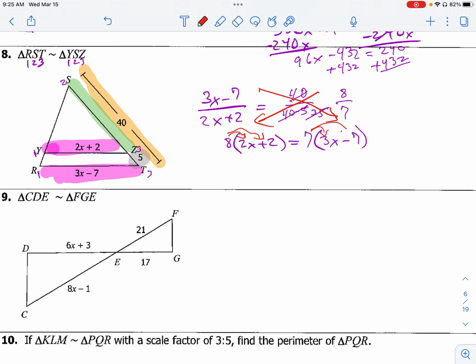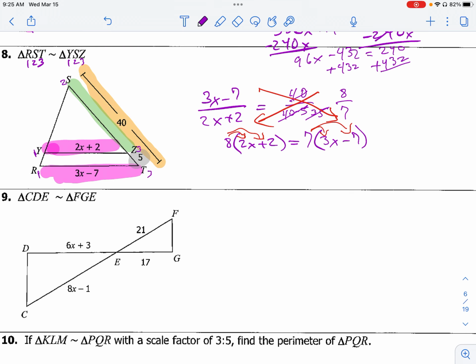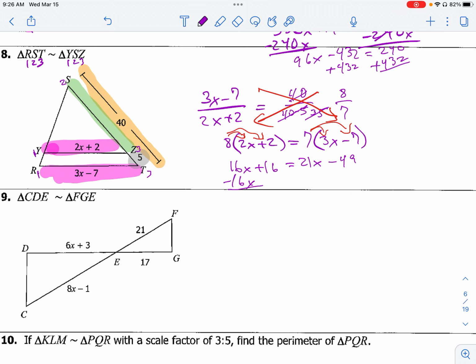Let's distribute. 8 times 2x is 16x plus 16 equals 21x minus 7 times 7 is 49. 49, not 94. All right, so let's get the x's on the same side.